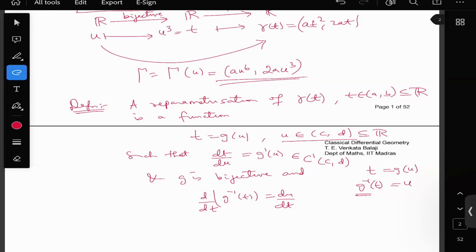If I write that g' is continuous, I have to put C0, so let me correct that. It should be C0, and this is of course the same as saying that g is C1 on (c, d). C1 means it's first continuously differentiable. Again, I should have written (c, d) and not (a, b).